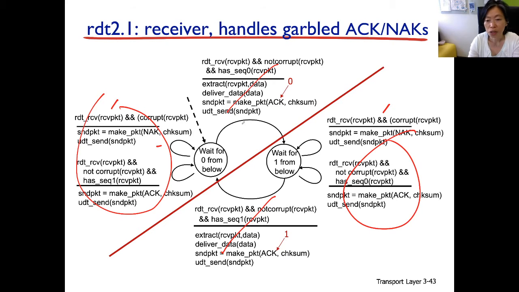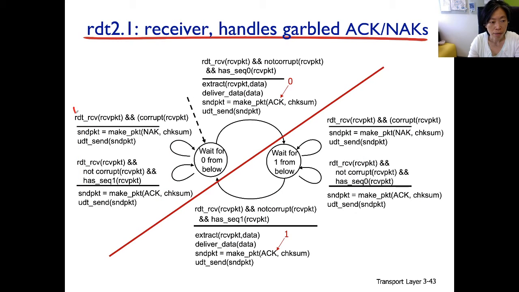Now, these are actually exact mirrors of each other, so let's just focus on one side. Let's pick this transition first and see if we could evolve it into 2.2. This is receiving a data packet, but it's corrupted. In 2.1, we send a negative acknowledgement. But for 2.2, we don't send negative acknowledgement packets anymore because we don't have that format.